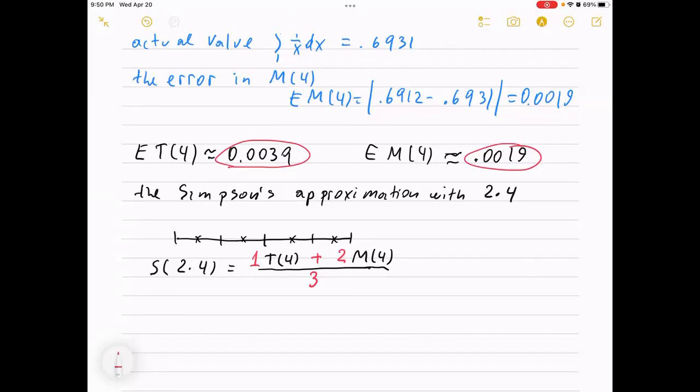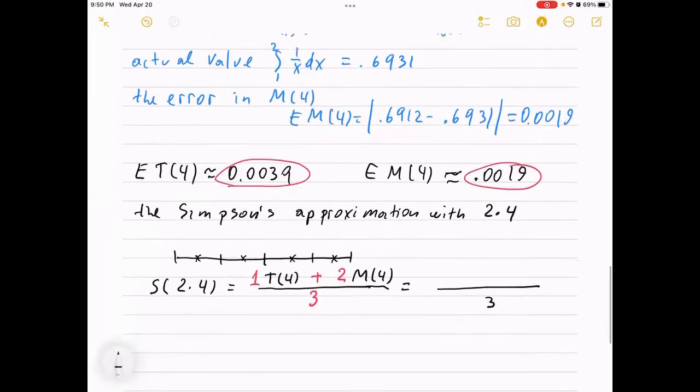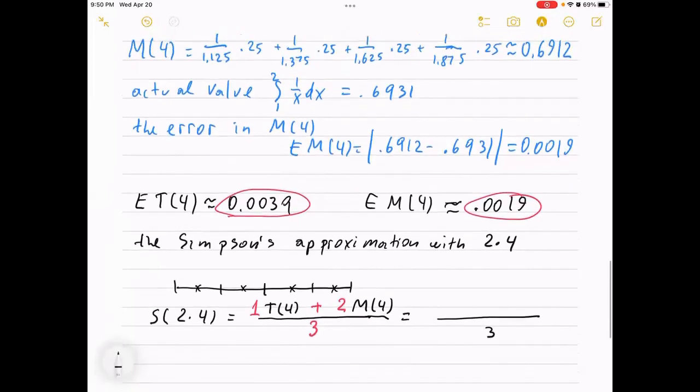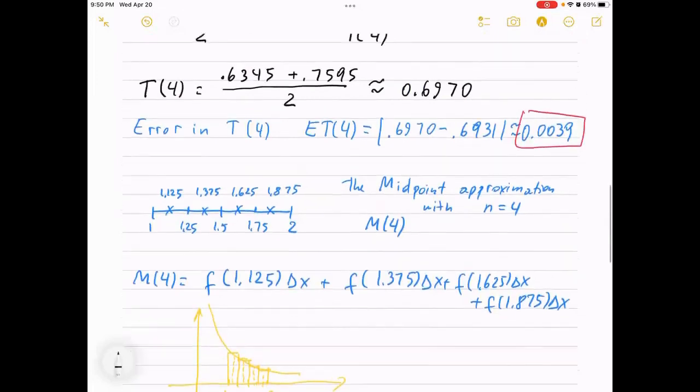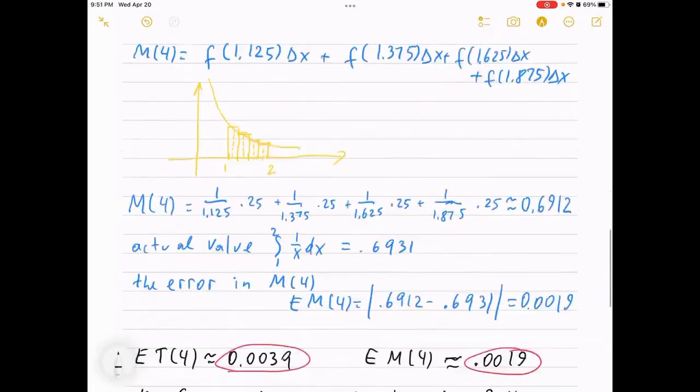So if we do that, we're going to get 2 times the midpoint plus the trapezoid, over 3. You recall that midpoint is 0.6912. You recall that trapezoid is 0.6970.